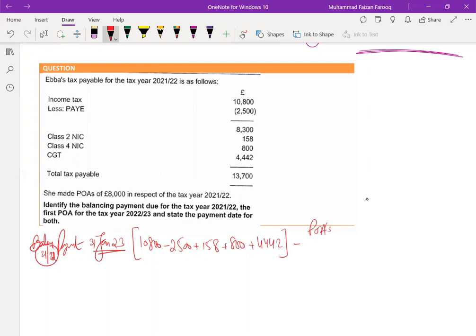They told you for the tax year 21-22, you already had POAs of 8,000. So what is your balancing payment? 5,700, right or wrong?